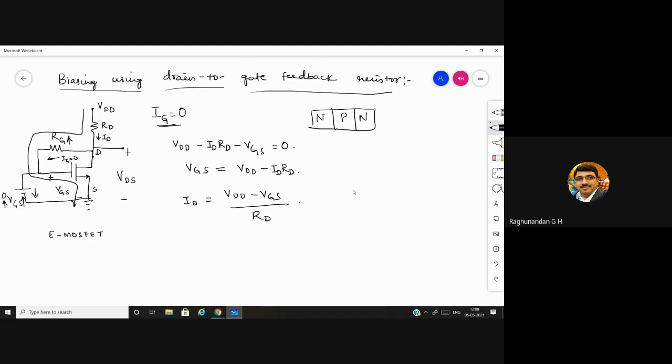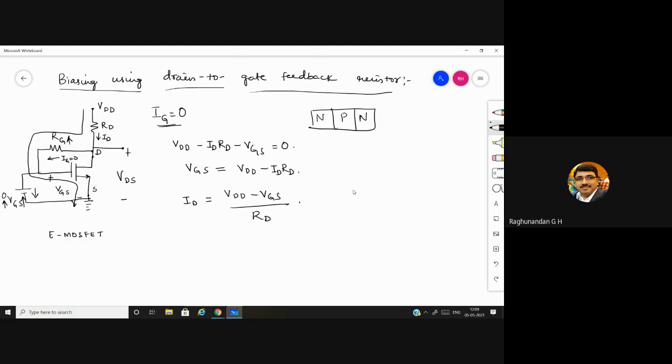But here, between the gate and the source, we don't have a PN junction. Just go back to the construction of MOSFET. MOSFET construction is entirely different from BJT construction. So here we cannot say it's 0.7 or anything.